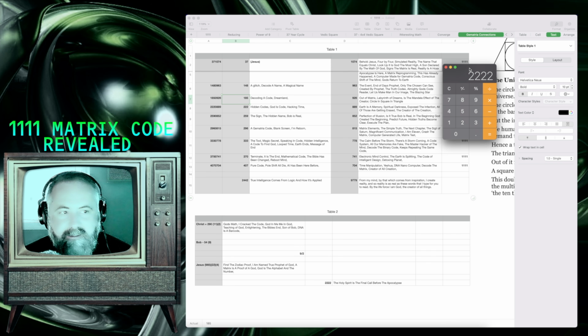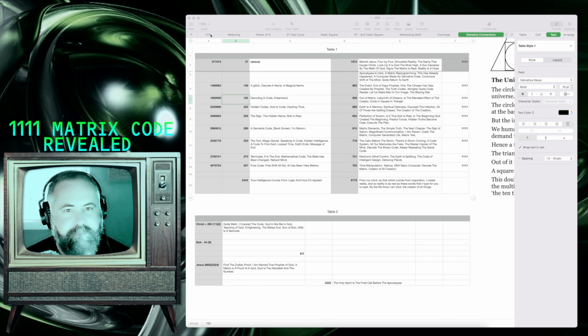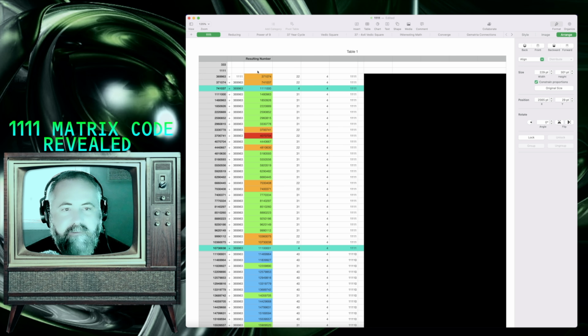But there's something else about this number 2222. Going back to the numbers that were originally generated by taking 333 times 1111, getting 369963, adding 1111 back to it, and getting the first number 371074. And then I added 369963 to it and every new number that was generated.